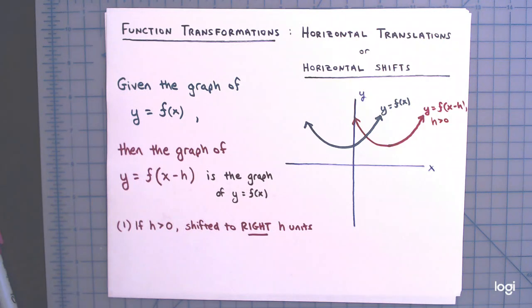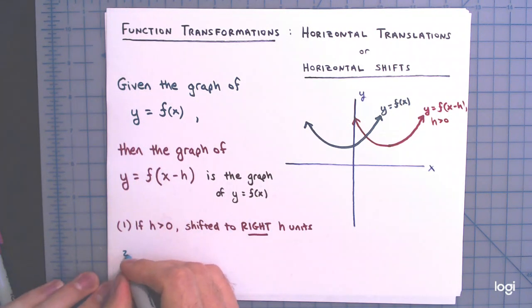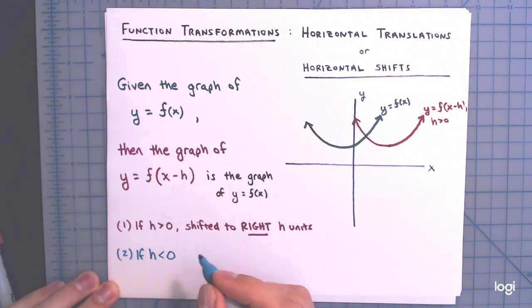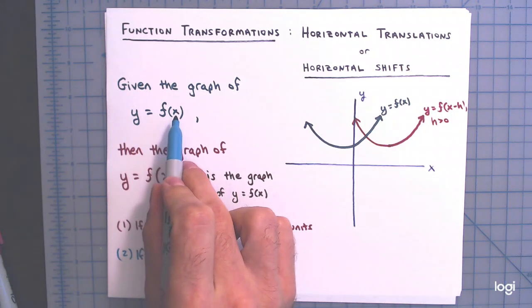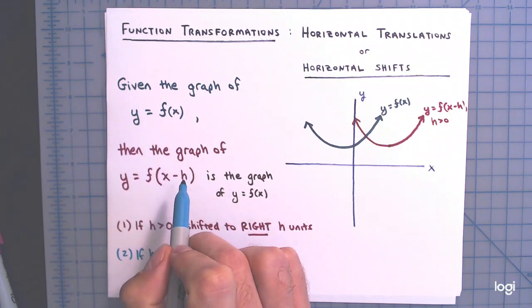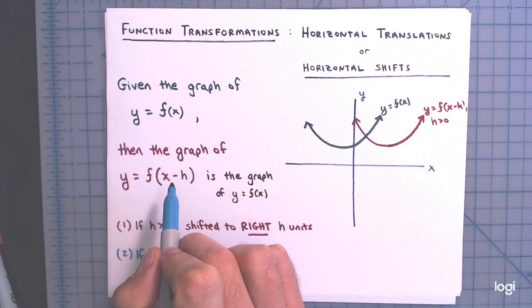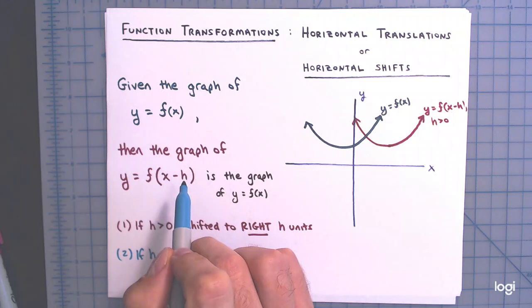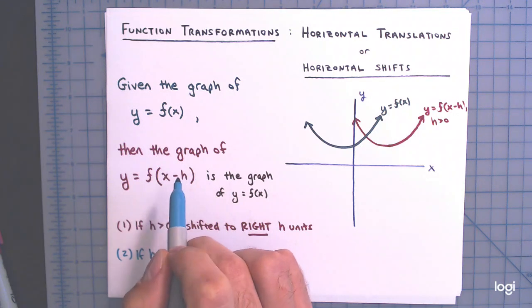The other case is, what if h is negative? Say I replace my x in the original expression with x minus negative 5, which would be x plus 5, or replace x with x minus negative 3, which would be x plus 3.